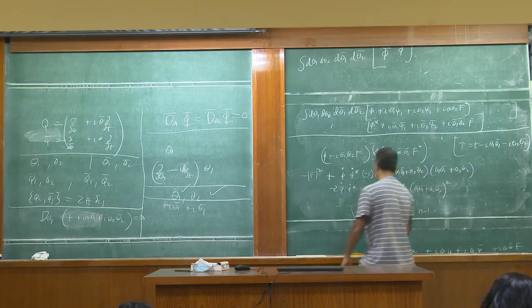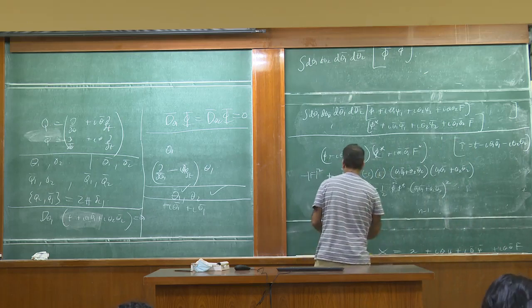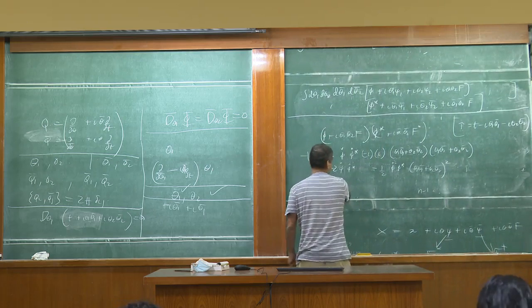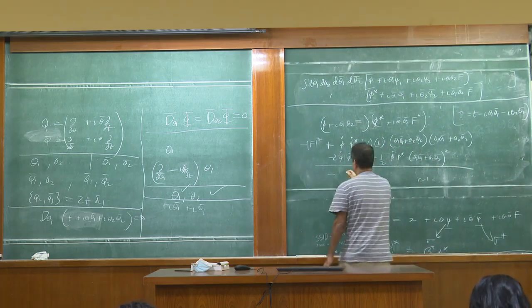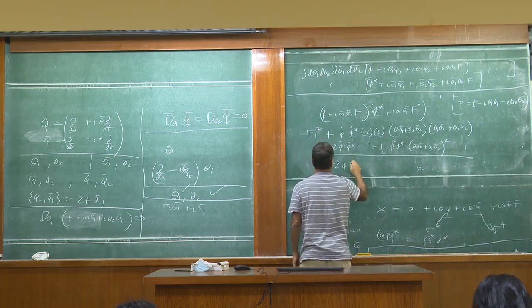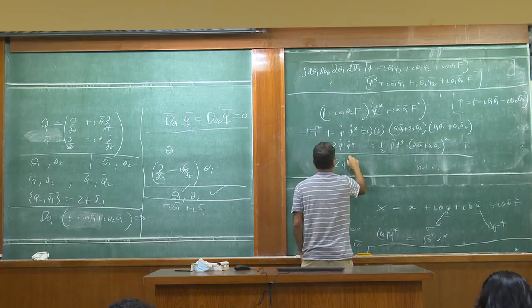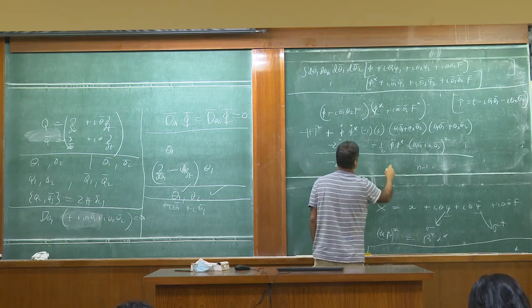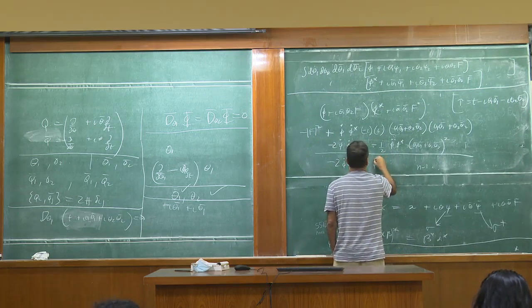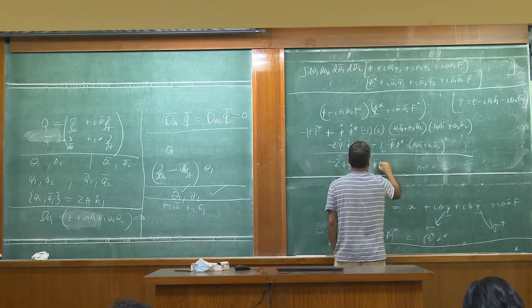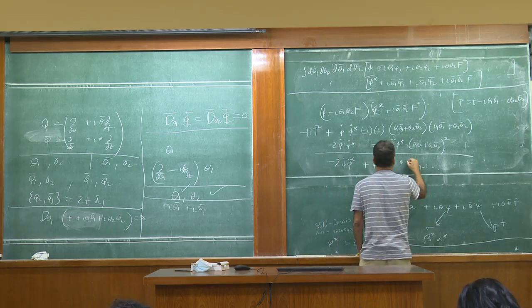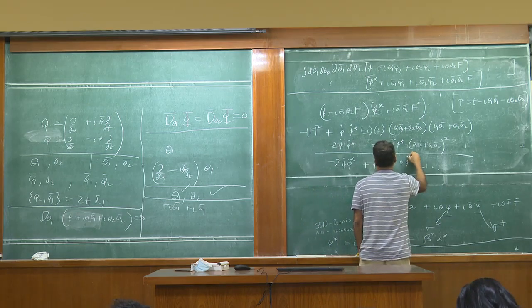Now the other term is of course symmetrical, so the full answer is minus 2 times phi dot star plus phi double dot phi star plus phi star double dot.